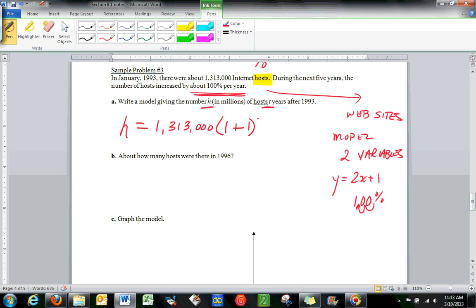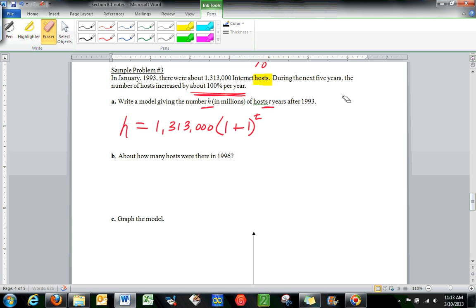And then we can raise that to the t power, because they want us to write this in terms of t. So that is a model with 2 variables.